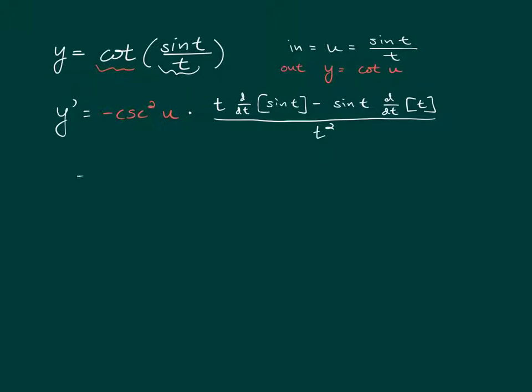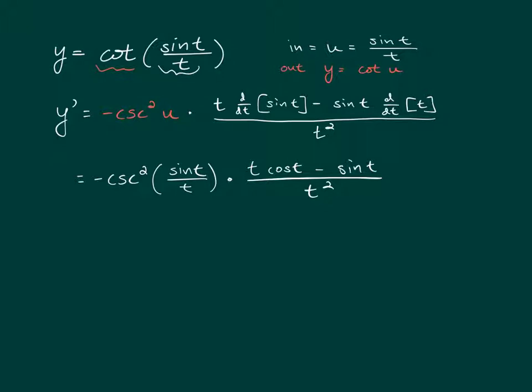So we will have y prime equals negative cosecant squared of sine of t over t, times this whole first term here, t times the derivative of sine of t, which turns into t cosine of t, minus this entire second term here, the derivative of t is 1 times sine of t is sine of t, all over t squared.